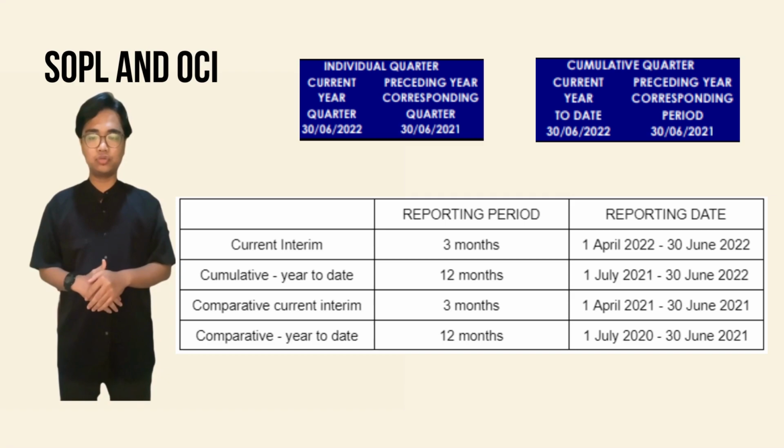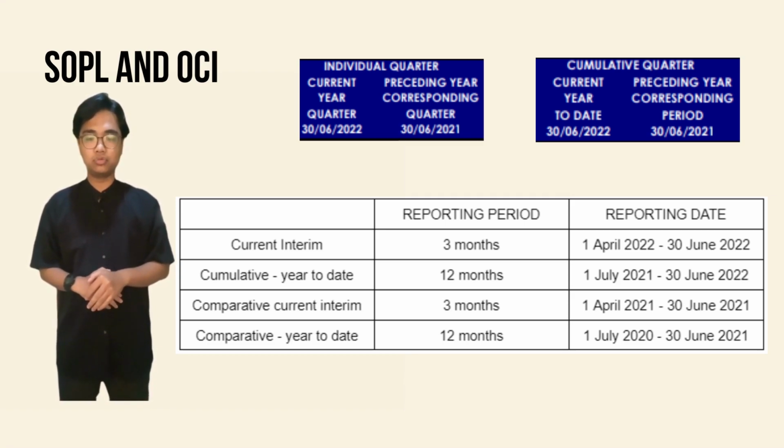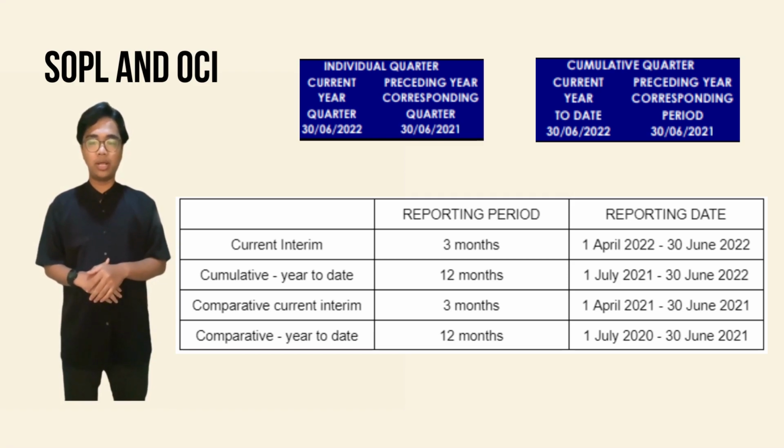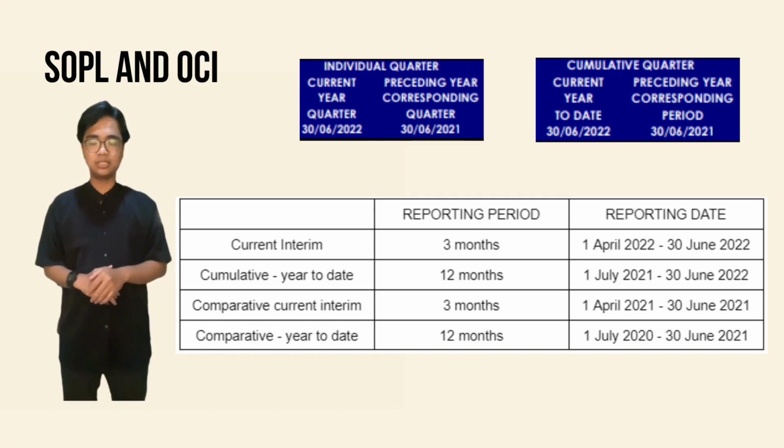This period is to be compared with April 2021 to June 2021. While for the cumulative period, the period is 12 months starting from July 2021 to June 2022, and this will be compared with July 2020 to June 2021.